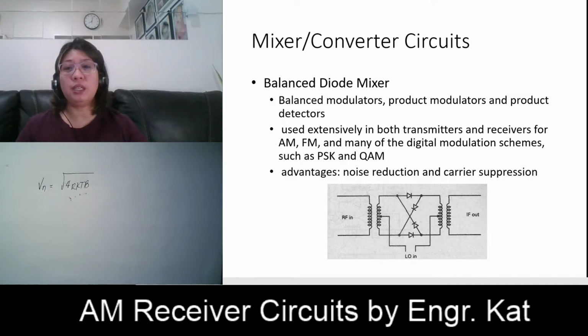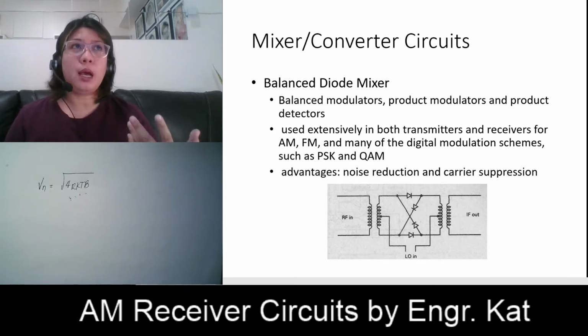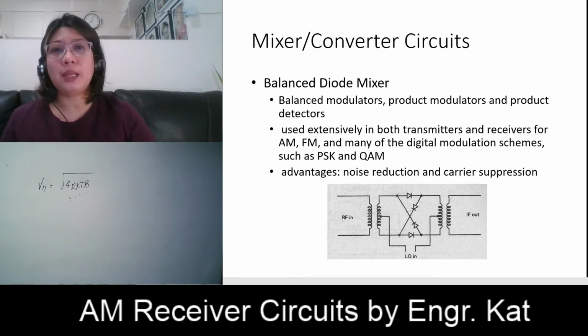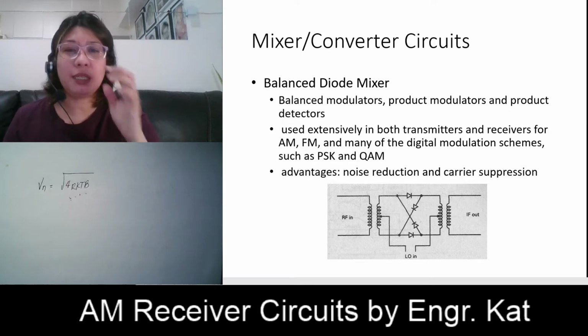Okay, so the advantages of this balanced diode mixer are noise reduction and carrier suppression. So what do we mean by carrier suppression? We wanted to remove the carrier. Okay, so usually for a double sideband full carrier AM, or what we call conventional AM, what is detected by the receiving antenna is the carrier.